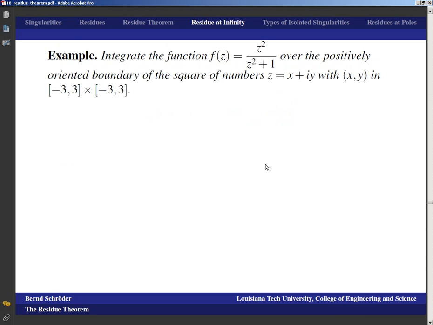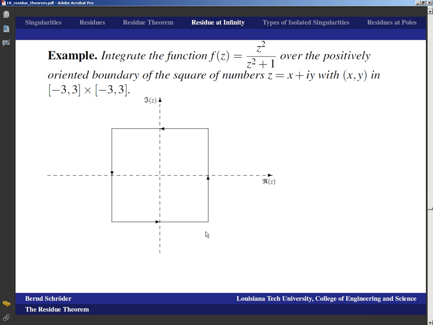Alright, so if we were to use this theorem to integrate f of z equals z squared over z squared plus 1 over the boundary of the square [-3, 3] cross [-3, 3], we would again just have this set up as we had before with the i and the minus i.